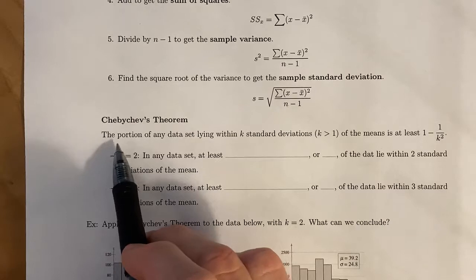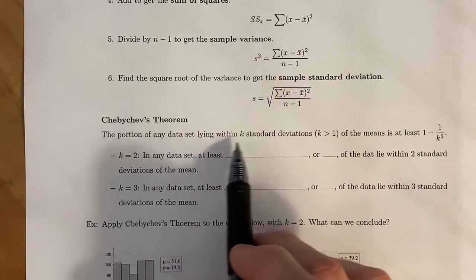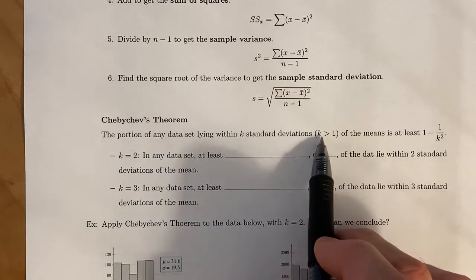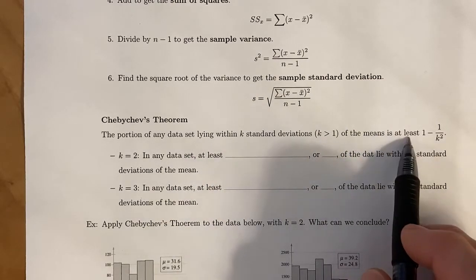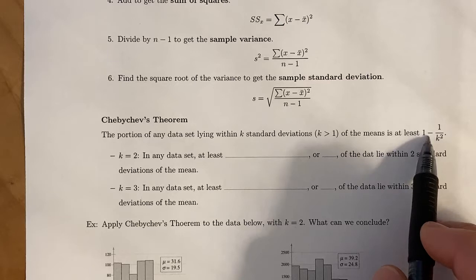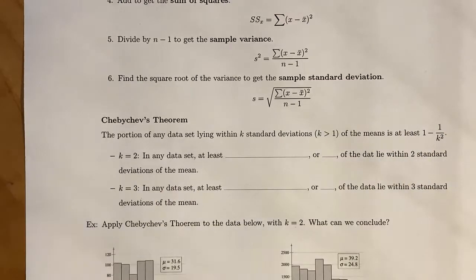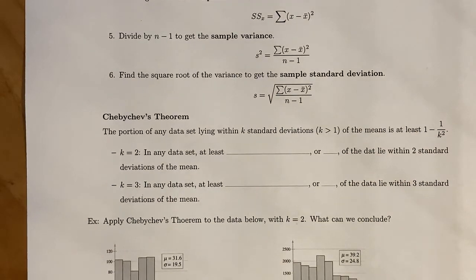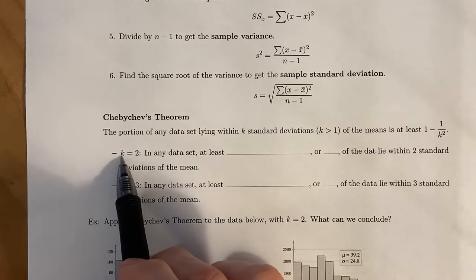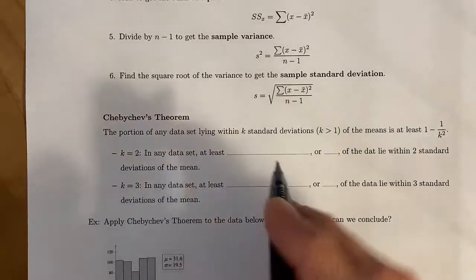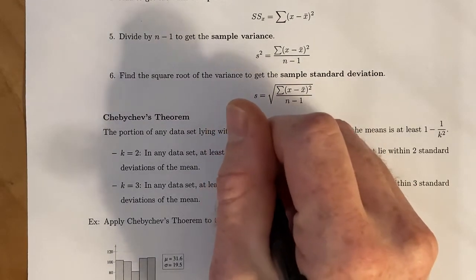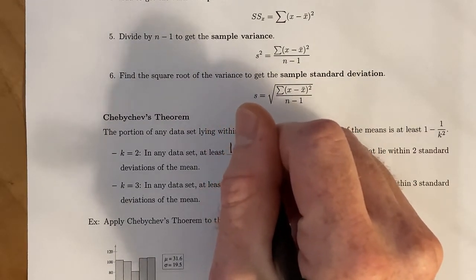And it begins by saying the portion of any data set lying within k standard deviations of the mean, where we take k to be greater than 1, is at least this quantity, 1 minus 1 over k squared. Let's look at what that means. For 2 standard deviations, when k is equal to 2, in any data set, at least 1 minus 1 over 2 squared.